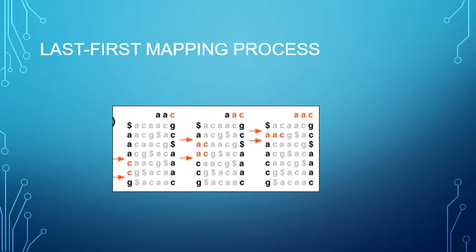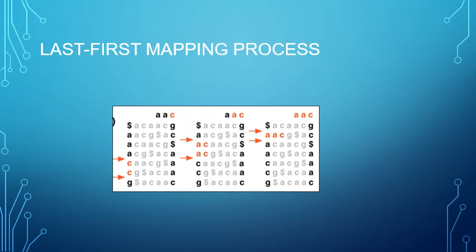This figure shows how last first mapping process works. Imagine there is a query of a subsequence AAC that needs to be found in the BWT matrix. First, the last character C will be searched in the first column.